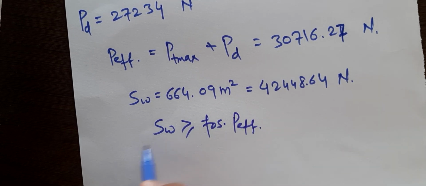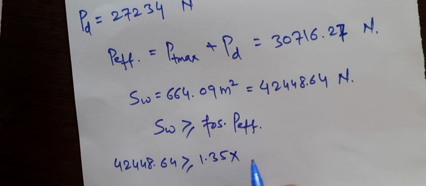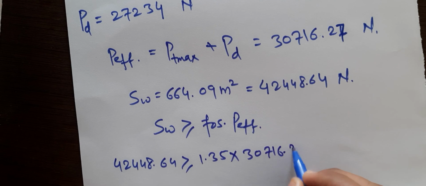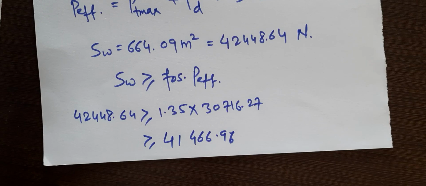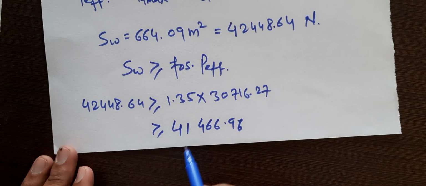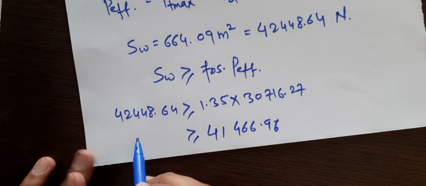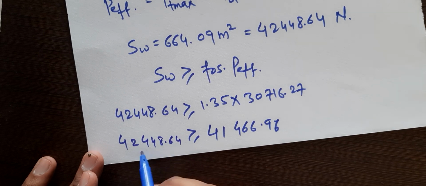Here SW is 42448.64, greater than or equal to factor of safety 1.35 into P effective 30716.27. After calculation you will get this as 41466.96. Now 42448.64 is greater than this one.